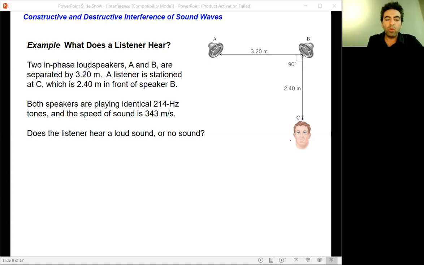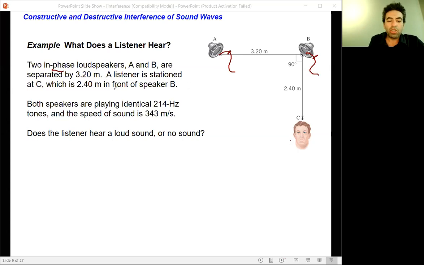So suppose I have two in-phase loudspeakers, A and B. They're starting out together, crest lined up with crest at their locations. I know the distance they're separated by, 3.2 meters. And then a listener is stationed here. This is the point at which I want to find out whether the interference is constructive or destructive.